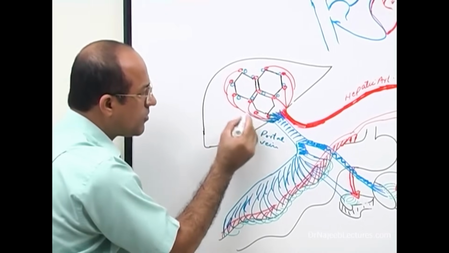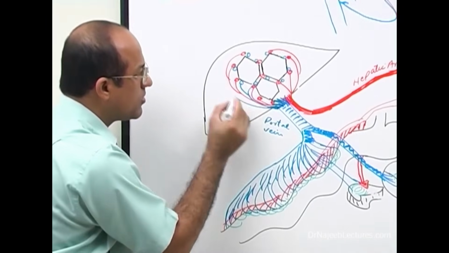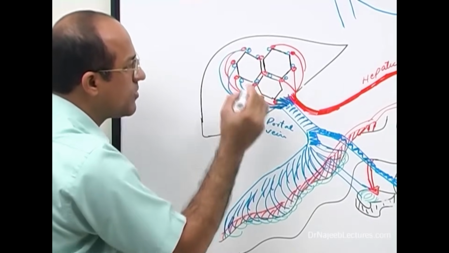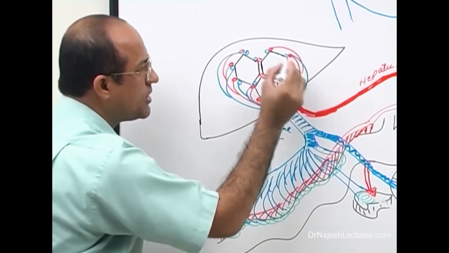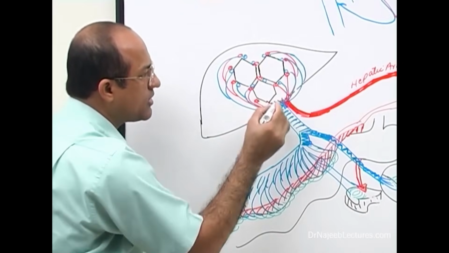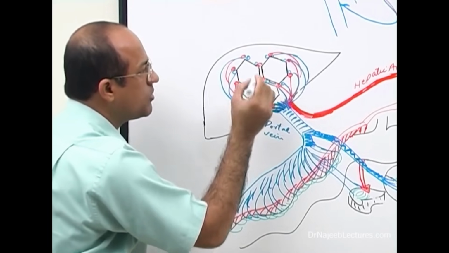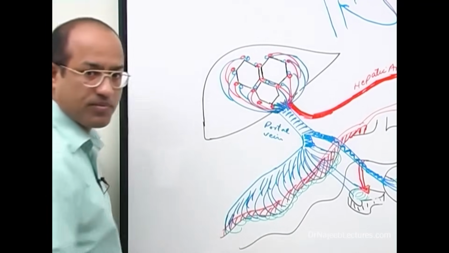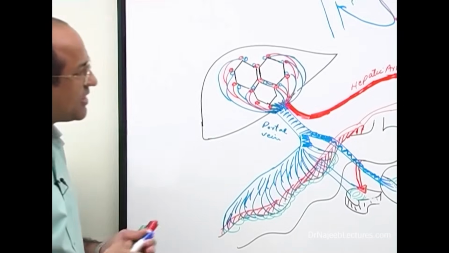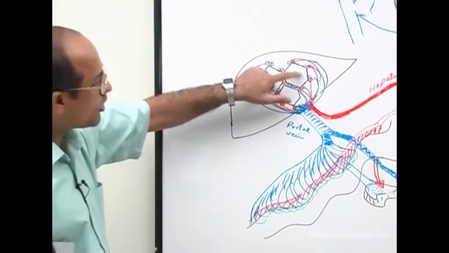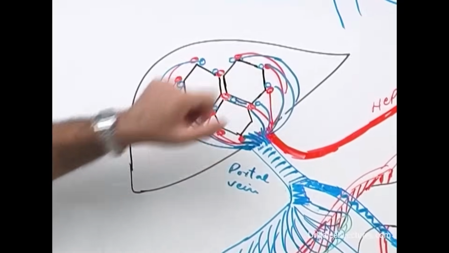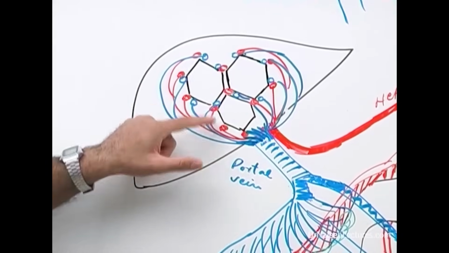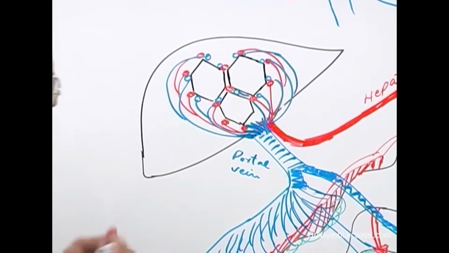So at every corner of every lobule, a branch of the portal vein is also present. Now what we really see is that in a classic lobule, at every corner, the hepatic artery has given its supply as well as the portal vein has given its supply.